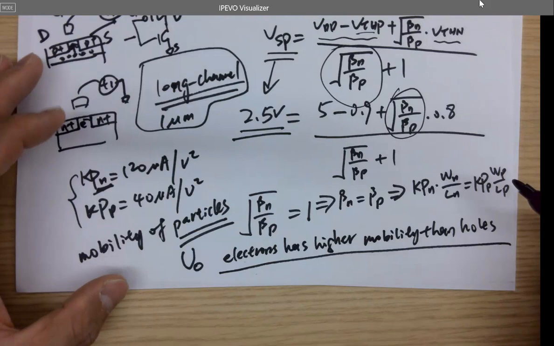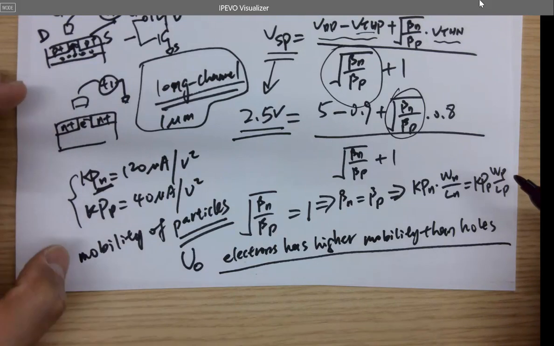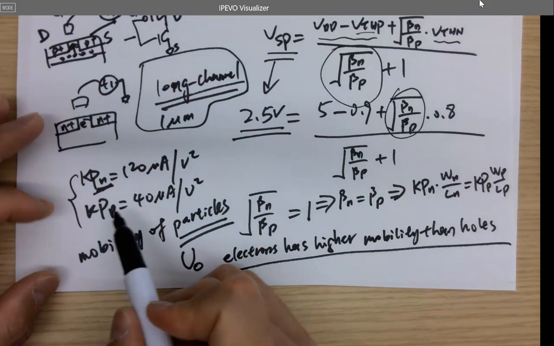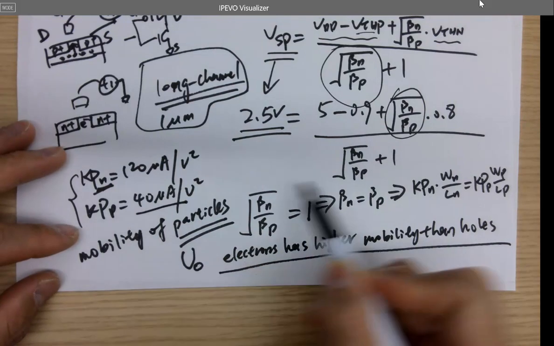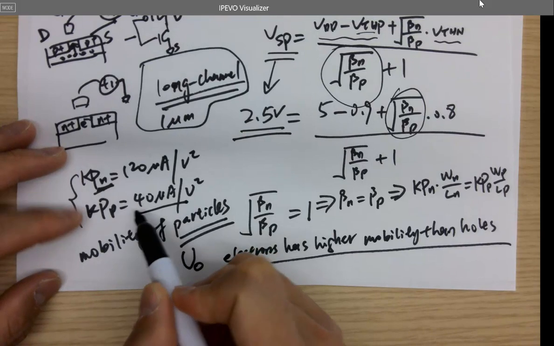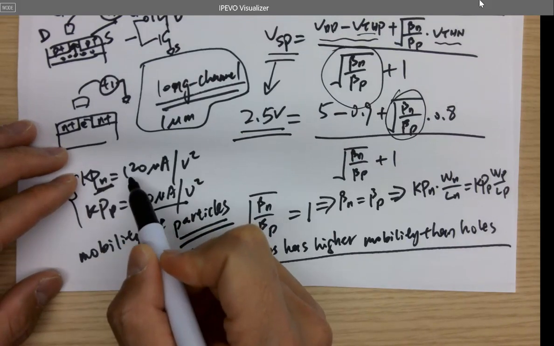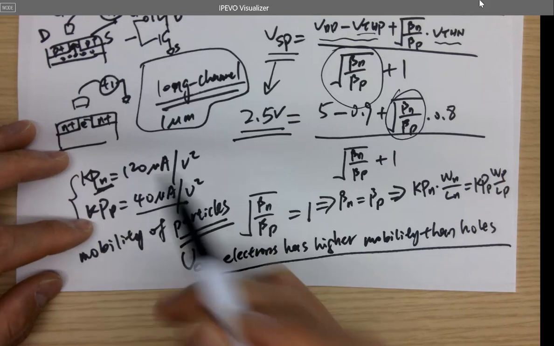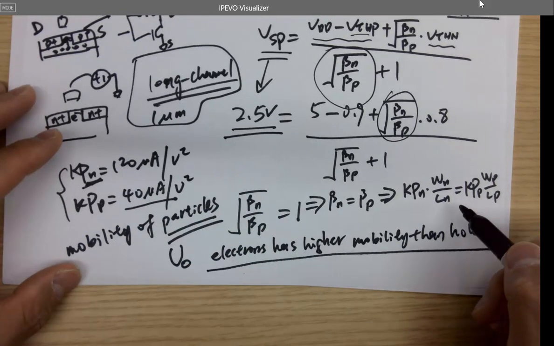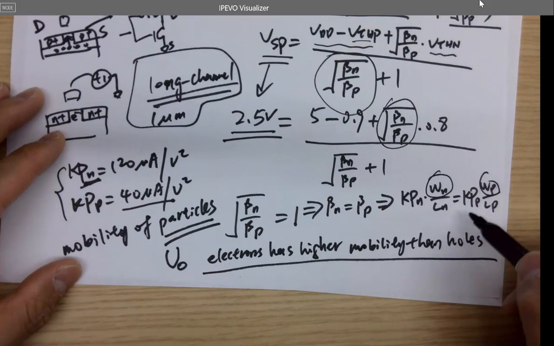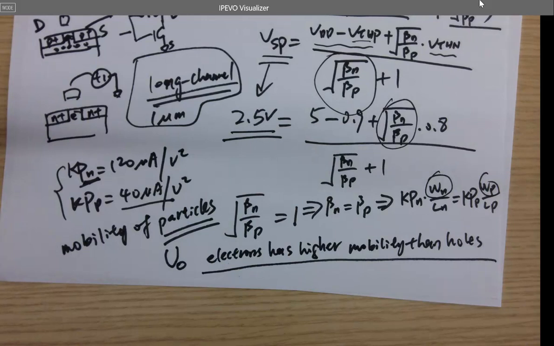So electrons are moving faster and easier than holes. So you can see this, for the same VGS or VSG, the NMOS is getting you a bigger current, okay? So in this case, how do you want to design your W here, or the ratio here, to make it equal?